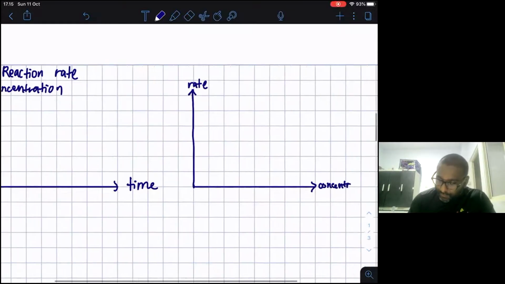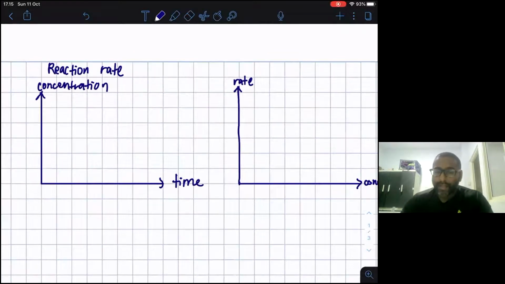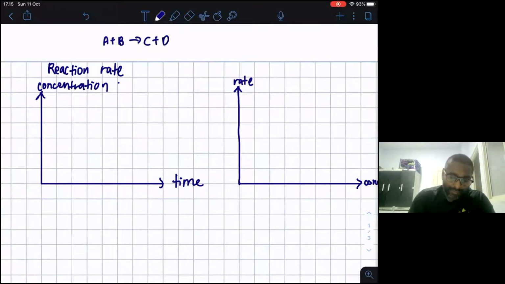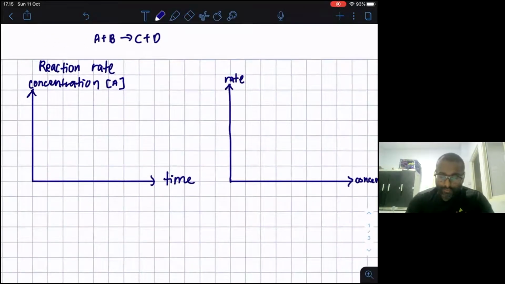So these graphs we need to focus on. For example, let's say we are talking about reactants. We know that if you use a particular reactant, the reactant will decrease, for example, A plus B to give you C plus D. Let's say we are talking about the concentration of A. Because A is going to decrease, there are a few ways the concentration can decrease over time.